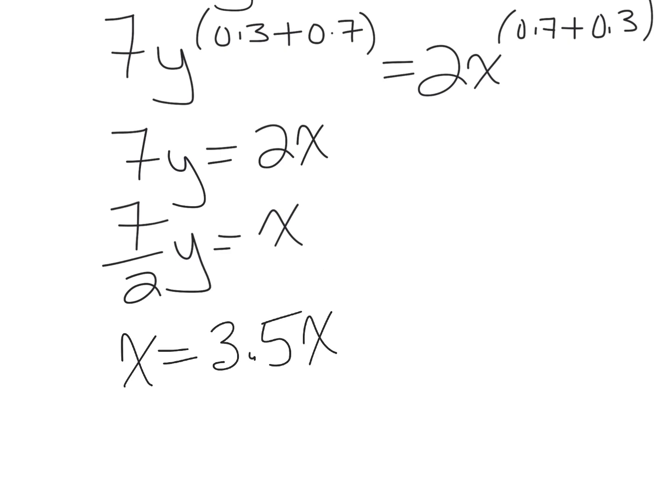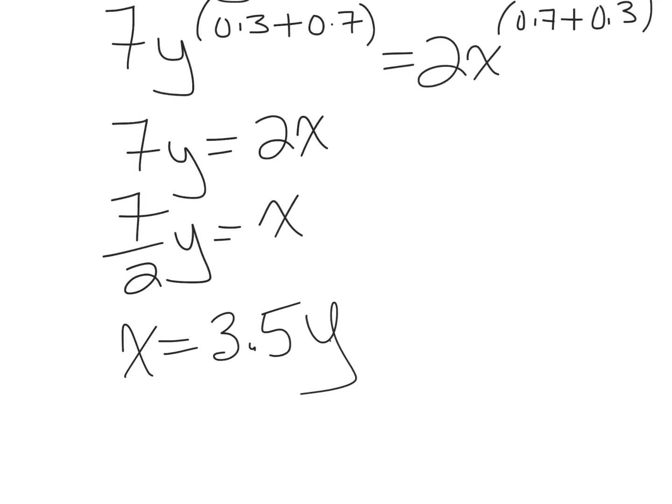So what we find then, and I'm going to just divide that 7 by 2. So x is equal, whoops, I put that in there. That's not right. X is equal to 3.5y. So now, just like in the other questions we had done with respect to the Lagrange multiplier, we go back to our constraint function.